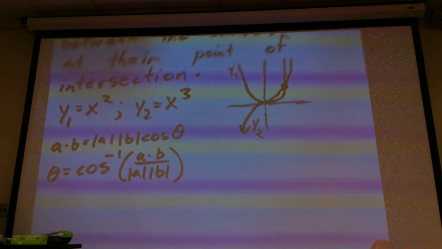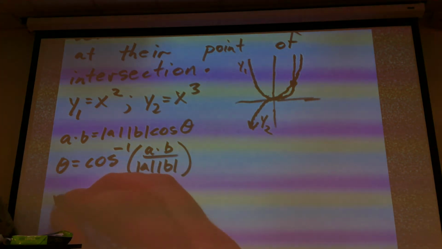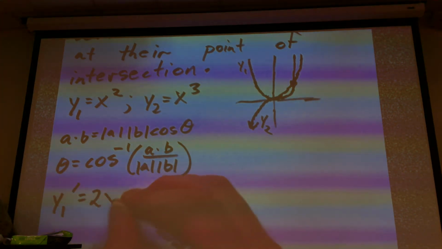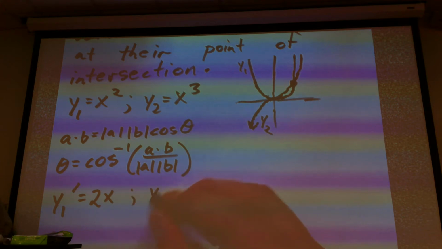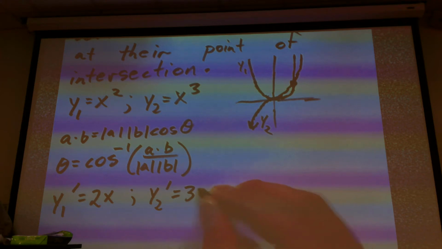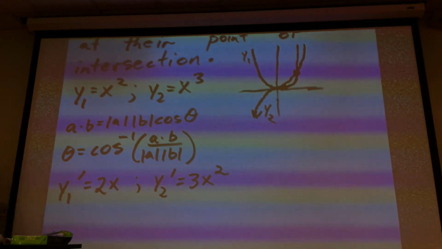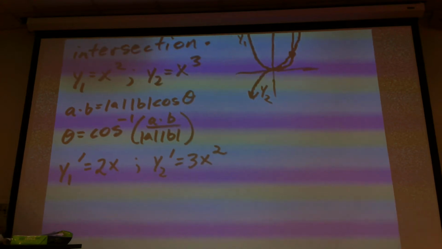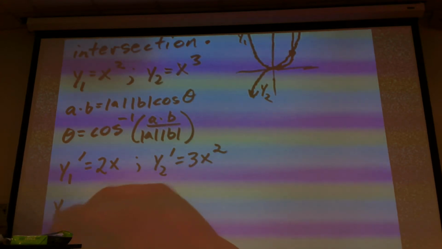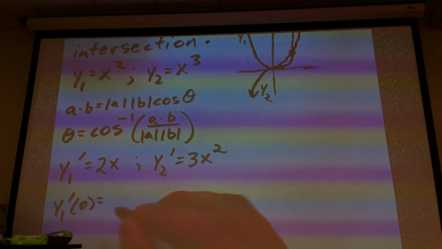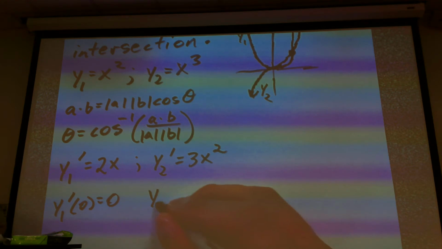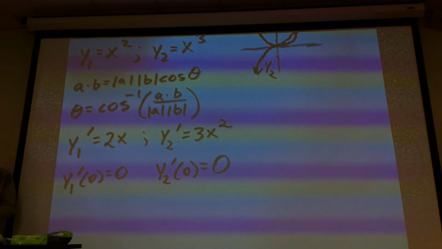Now, let's start with the first one. Let's start with 0. Okay, so we just end up with a 0 vector.